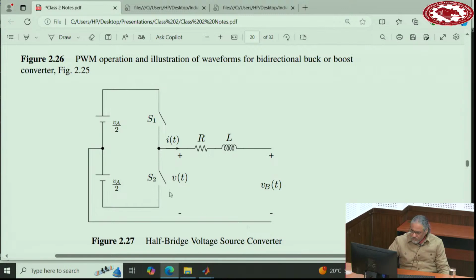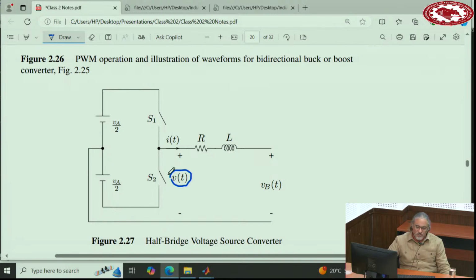Why? When you turn on this switch S1, this point is connected to this, right? And this point is on this one. So the voltage V is equal to VA over half. When you turn on this switch, now you are connecting in the reverse polarity across this battery.